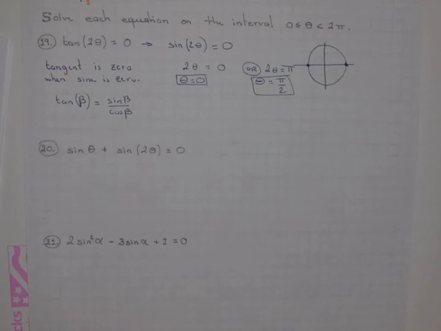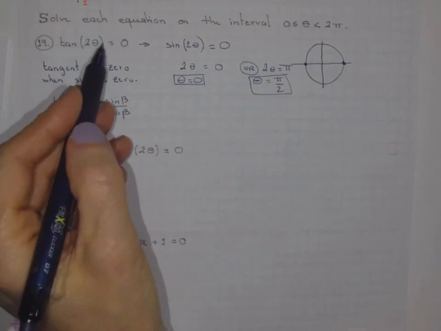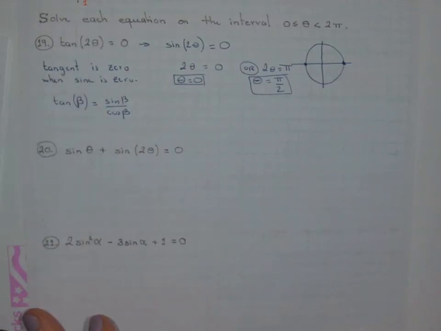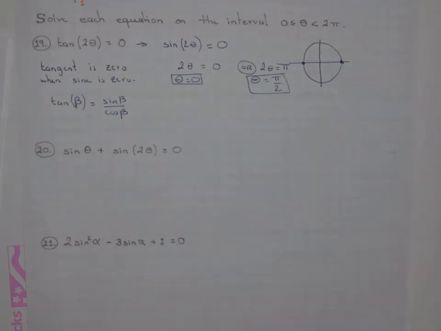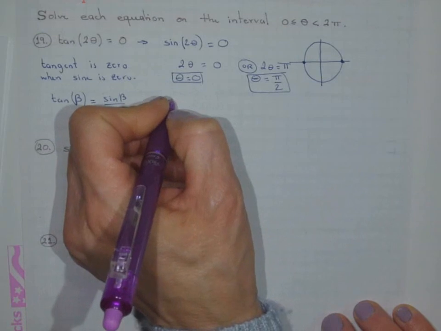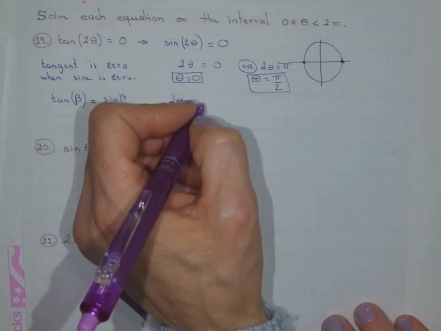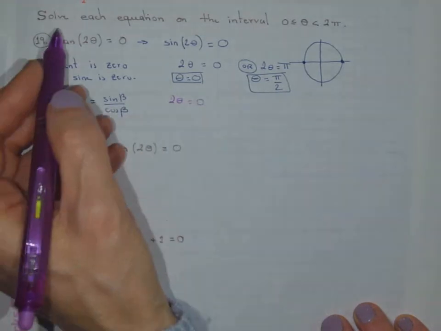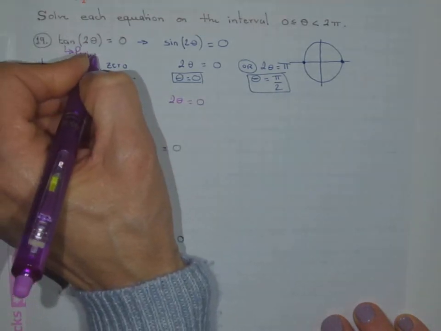Hold on. And so now I have to worry if I need more. Am I missing something? Because this is more than just an angle, right? So I need to think. Maybe I should have done that before. I write everything here, but I have to say, okay, 2 theta is equal to 0, and I'm with a tangent here, so what's the period of a tangent?